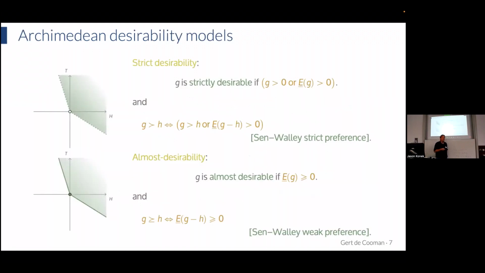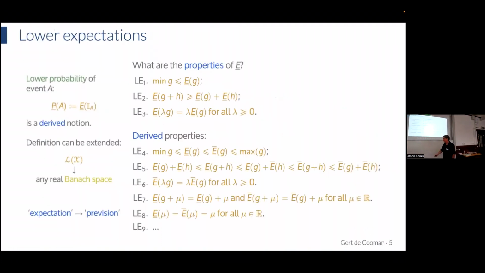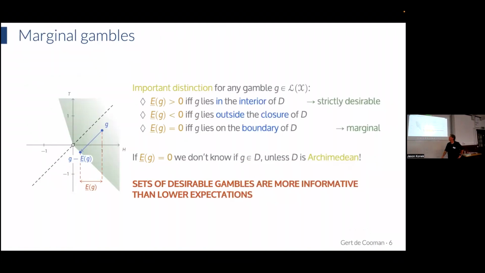Okay, so this, yeah. Sorry, on the previous slide, your diagram is a bit confused, because it looks like the length of the blue vector is the lower expectation. No, the length of the blue vector is not the lower expectation, because what I'm doing is subtracting.